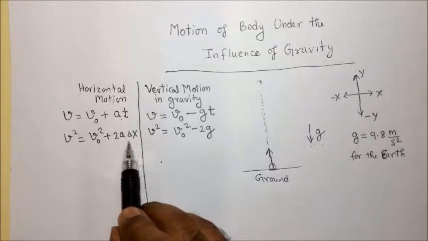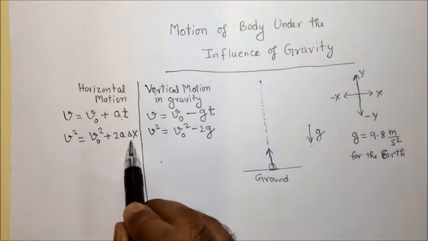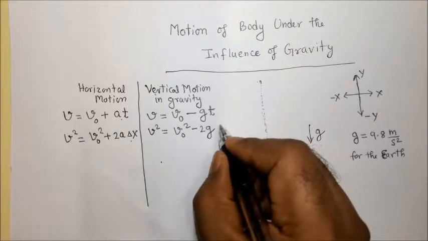Now we are making all the measurements along the y direction, so in place of delta X it becomes delta Y.